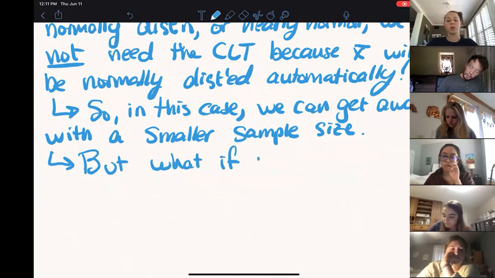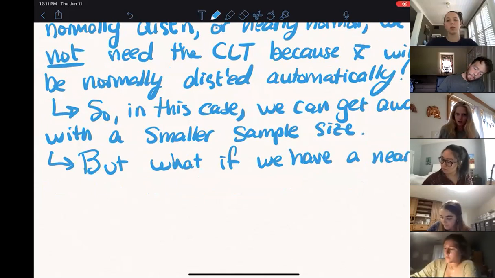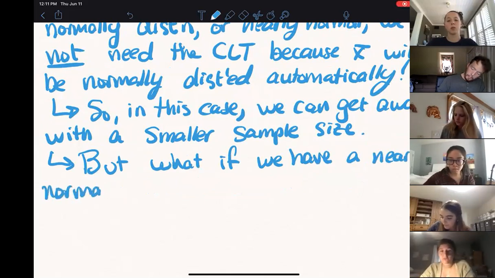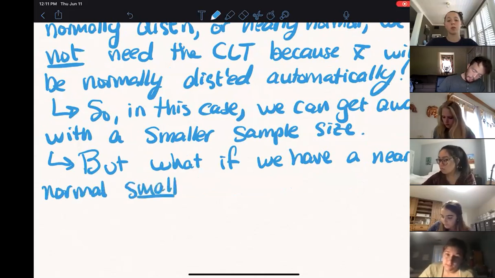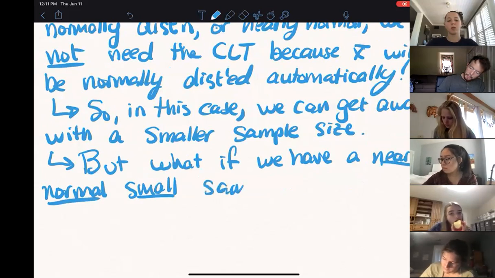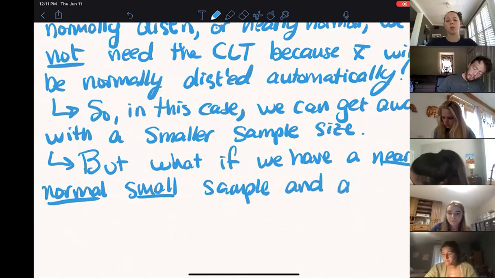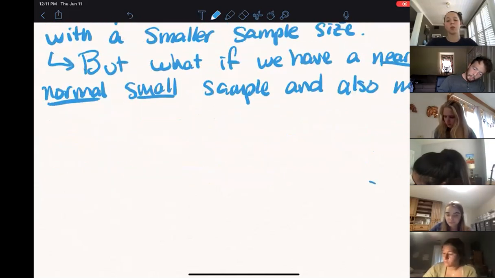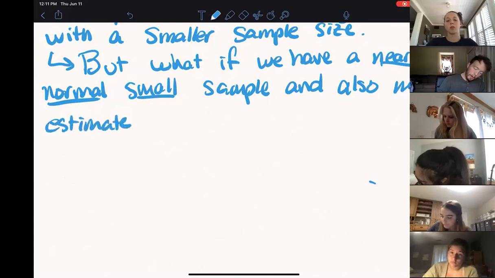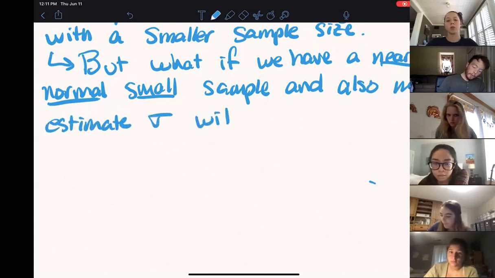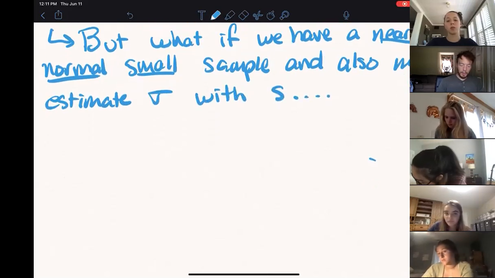So, but what if we have a nearly normal small sample and also must estimate our population standard deviation sigma with our sample standard deviation S. So this is the situation I want us to think about.